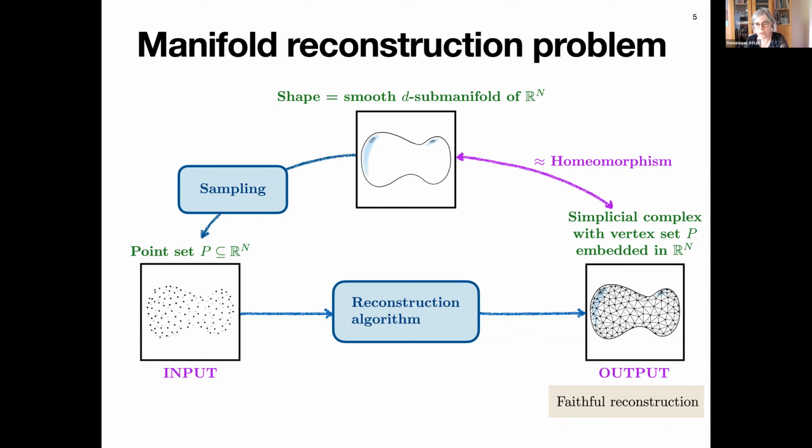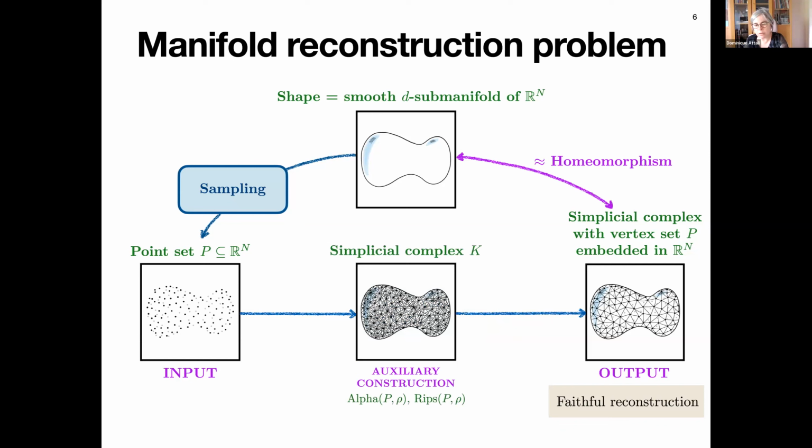So what can be done is to construct first an auxiliary construction. Typically, it can be the alpha complex of the point set P at some scale parameter rho, or the Rips complex of the point set P for some parameter rho.